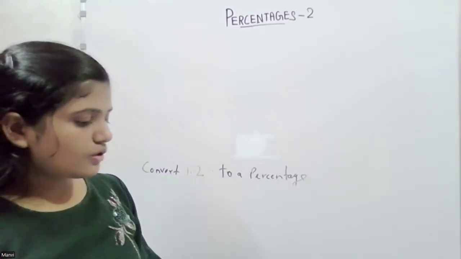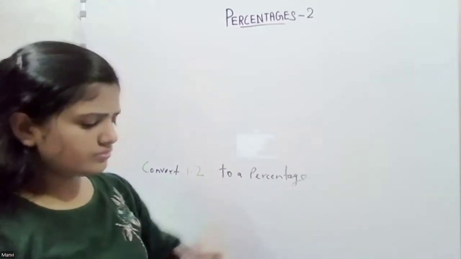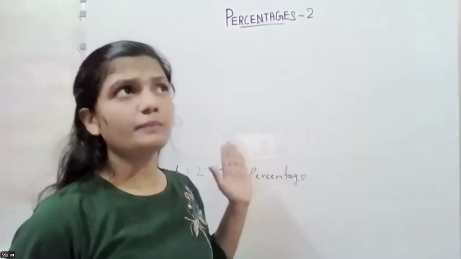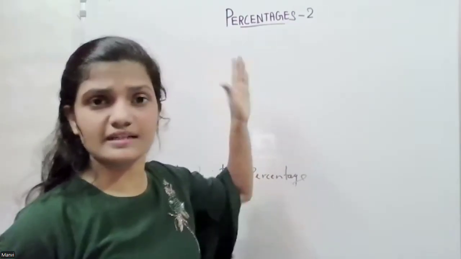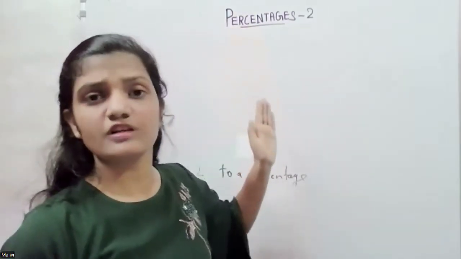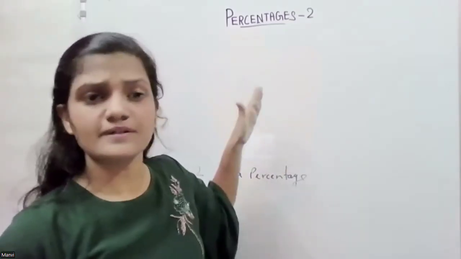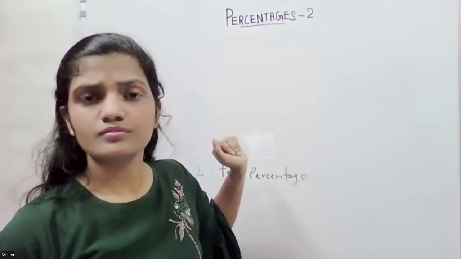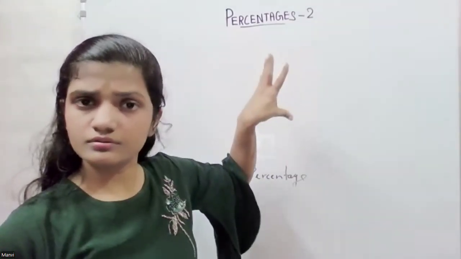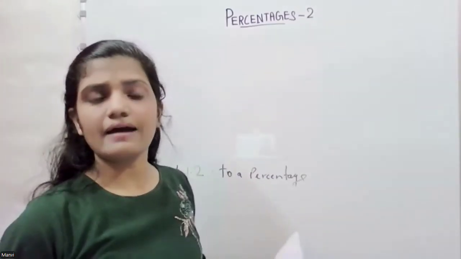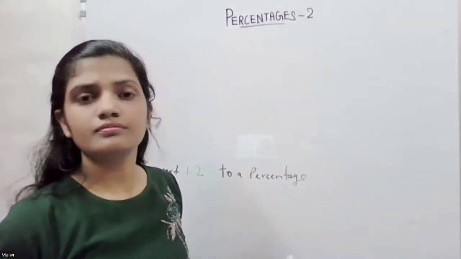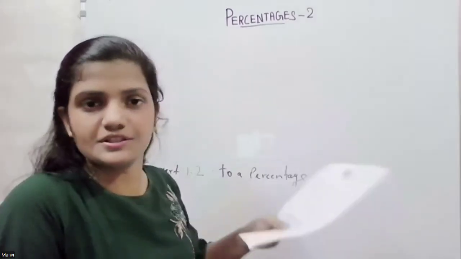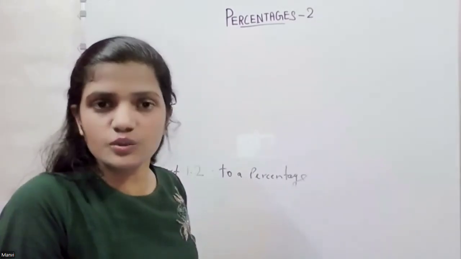Yeah. So, they are the common fractions, like 50%. 50% means one half, so the fraction will be 1/2. 25% is 1/4, one quarter.